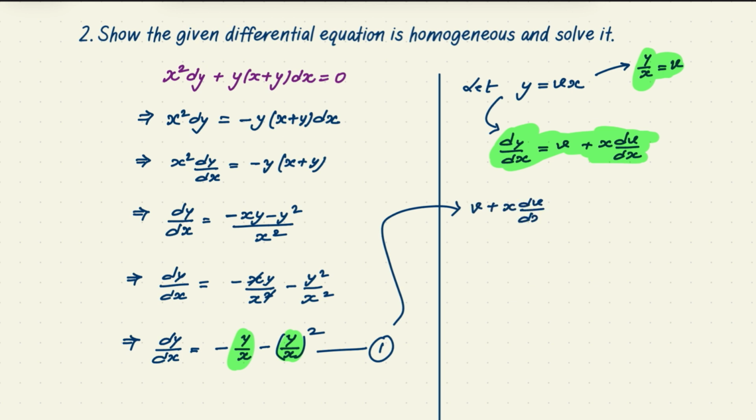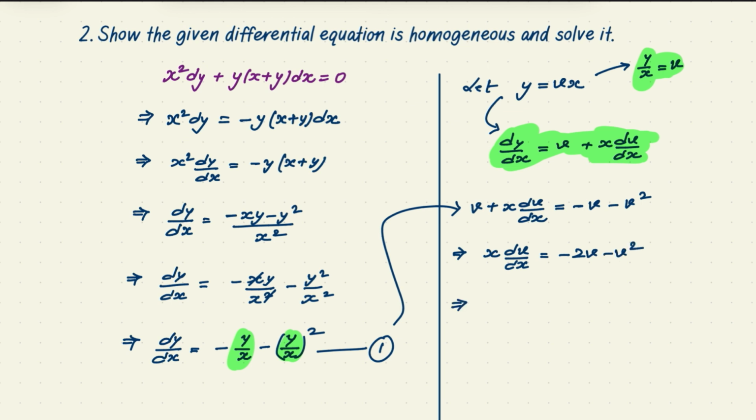So from this equation, dy over dx can be written as v plus x into dv over dx equals minus, there is y over x, so this y over x is v. So here it is minus v minus y by x whole square, that is v square. So this implies, let us take this v on the other side, then we will have x into dv over dx equals minus v, and minus v will be minus 2v minus v square.